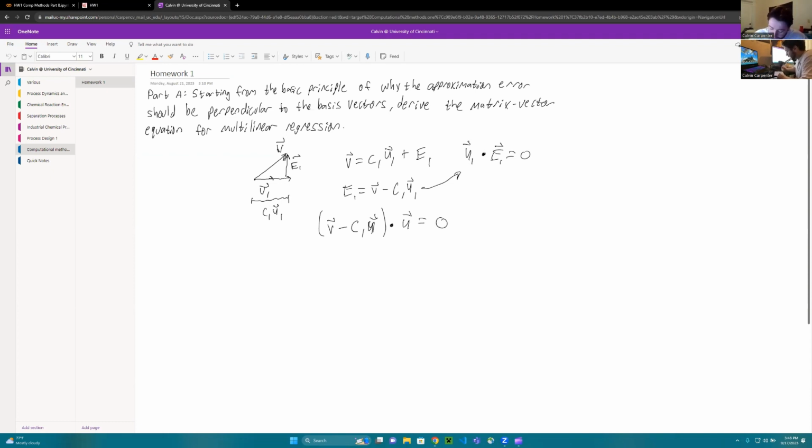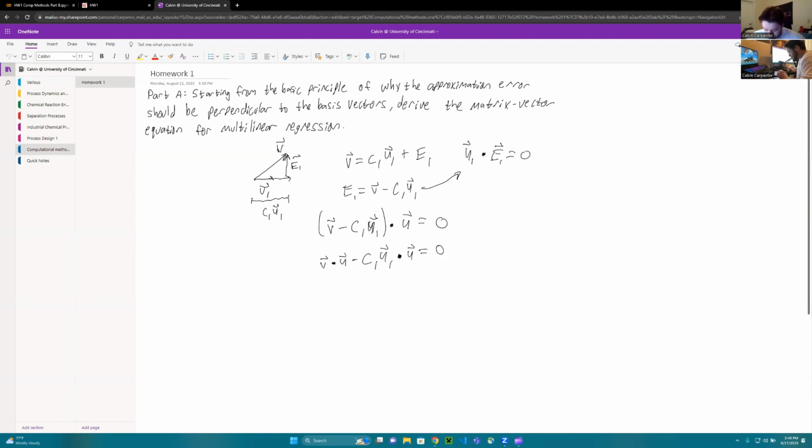So multiplying that through, you will get your desired vector dot product with your basis vector minus your coefficient times your basis vector dot product with your basis vector is equal to 0.